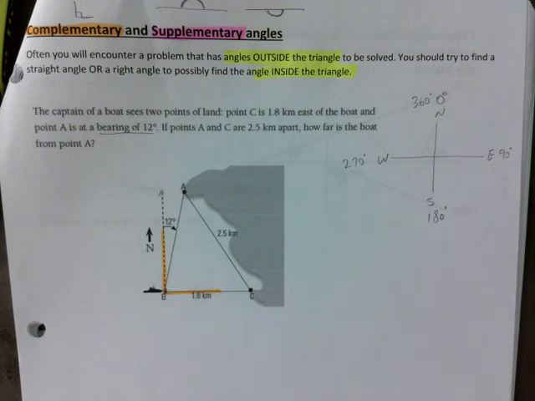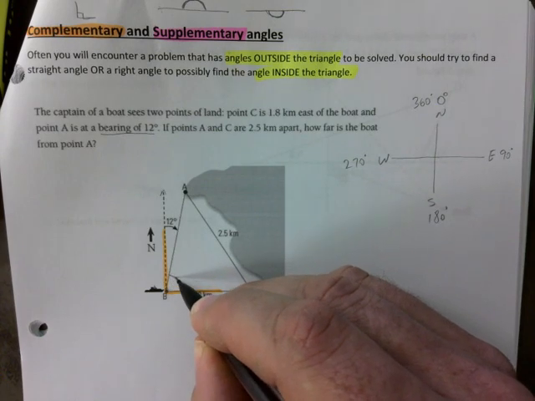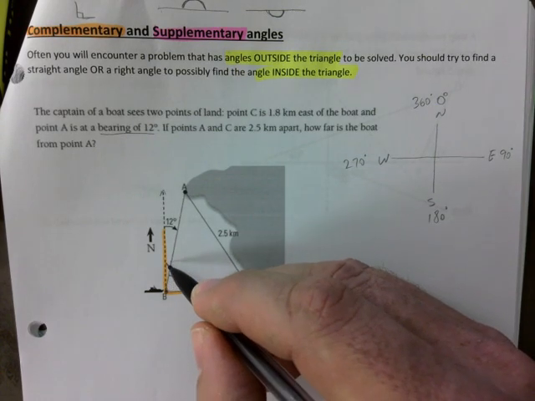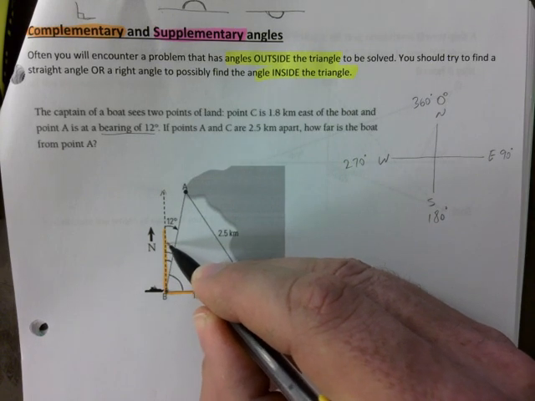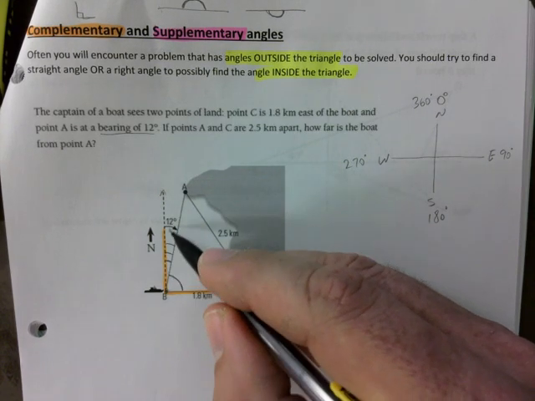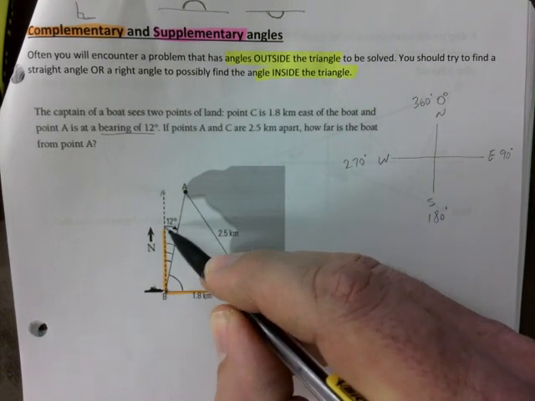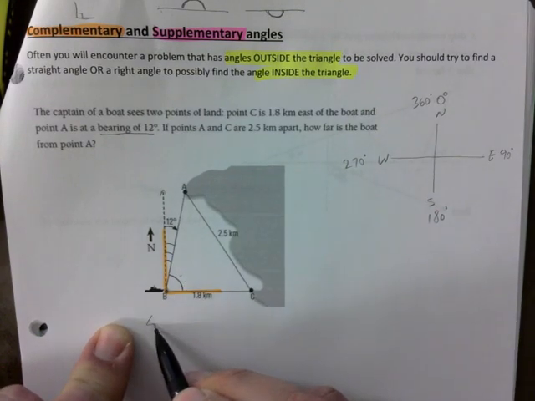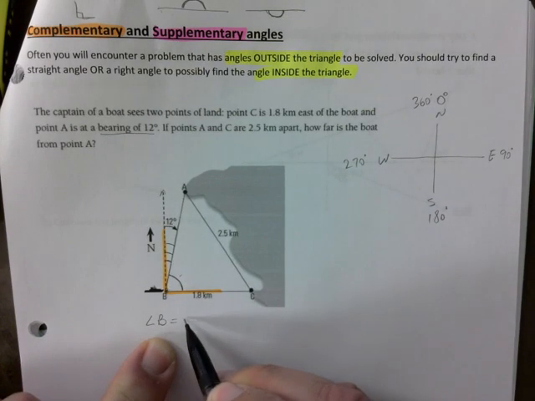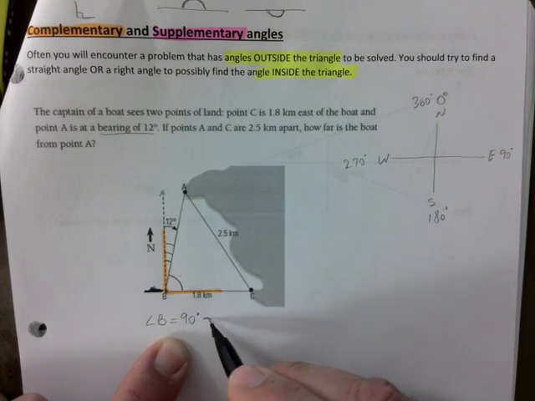So what could I do to figure out this angle in here? I know that this little sliver, it doesn't matter where you do this, guys, it's 12 degrees. This measures from this side to this side, 12 degrees. So how would I find this one? Angle B is 90, because that's the whole thing, minus 12 degrees.